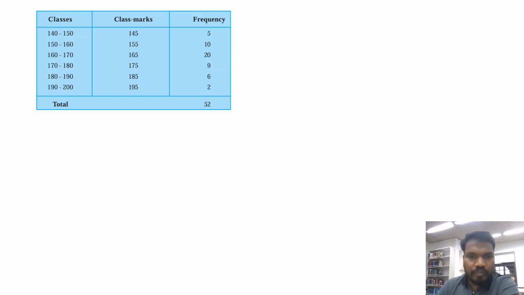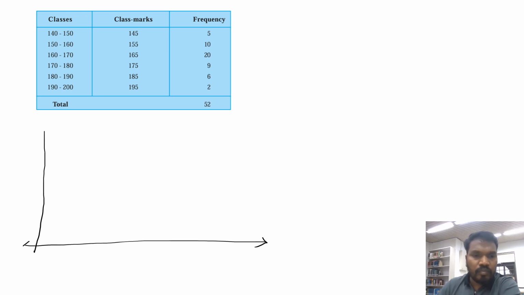So now here, what I said, we take the coordinate plane, the xy plane. Along the horizontal, this is the x-axis, we take the class marks. Here, as I said, the number itself starts from 145, but here it's supposed to start from 0.